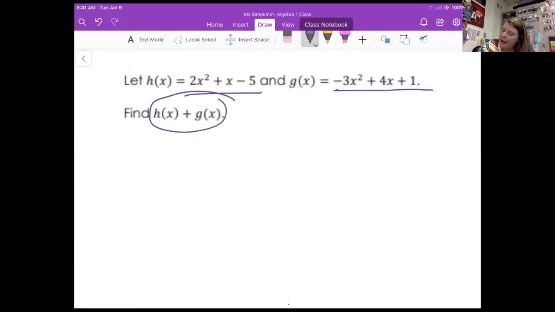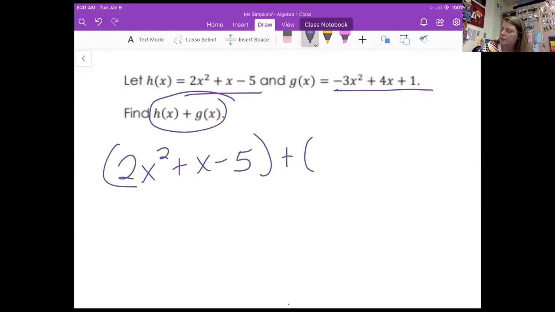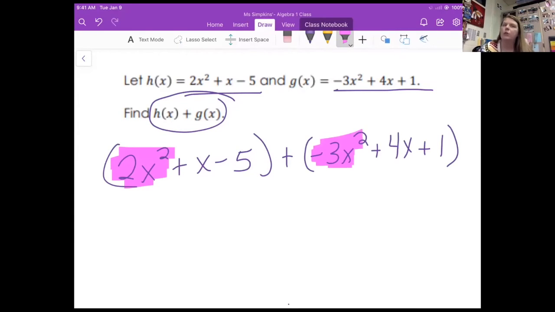So we're going to add 2x squared plus x minus 5 plus, and I'm going to put them in parentheses, negative 3x squared plus 4x plus 1. And remember, when we combine like terms, we can only add and subtract things that have the same variable and the same exponent. So let's look at the first one, our x squared. We have 2x squared plus negative 3x squared.